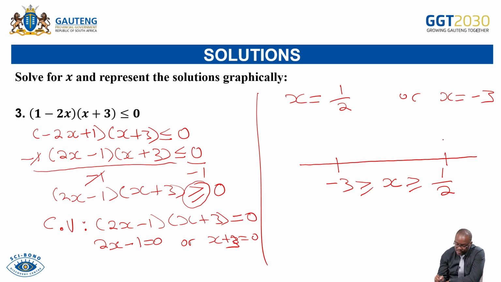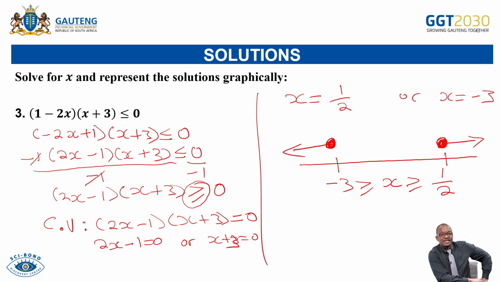Then now what are we looking at? We're looking at the shaded that is greater than 1 over 2, and the shaded that is less than 1 over 2. So that's basically how you must solve that one there, correct?